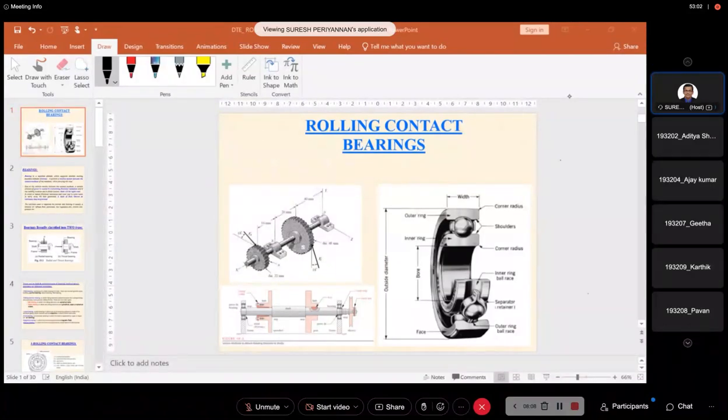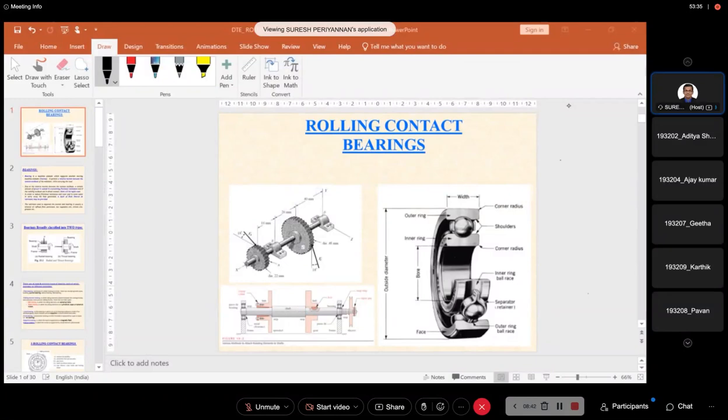Later we studied the hydrodynamic lubrication behavior and derived it in the form of a partial differential equation, the Reynolds equation. The person who developed this hydrodynamic behavior derived it in the form of a partial differential equation.